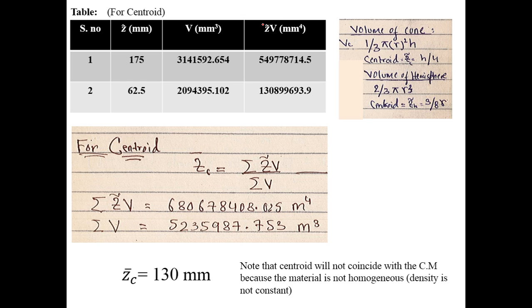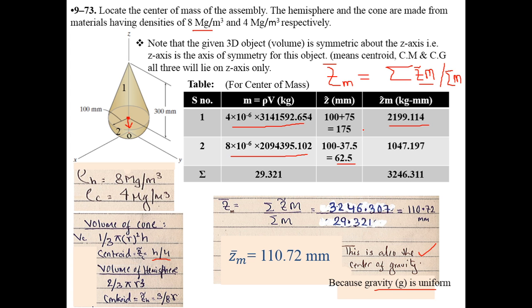So no more z tilde m but z tilde v, because now we have to use this formula. Previously we were using this formula: summation z tilde m divided by summation of m, this is the center of mass.